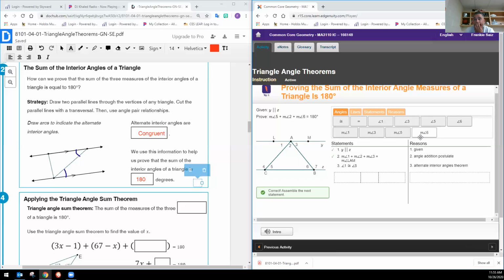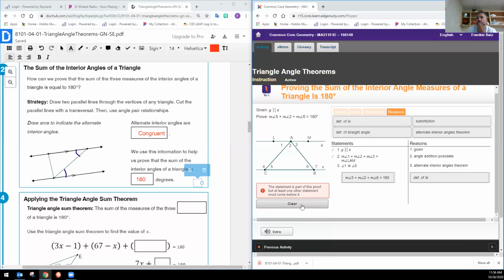I don't even have that one. Okay, so then now, I just did alternate interior.